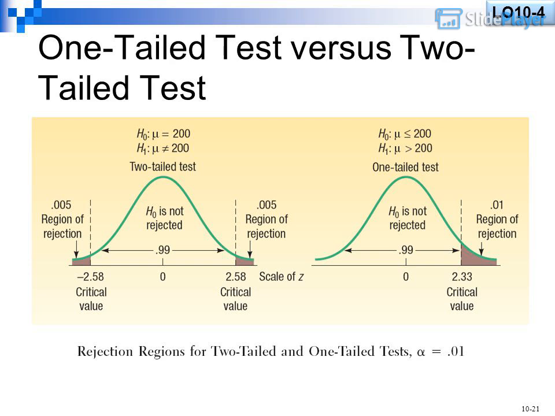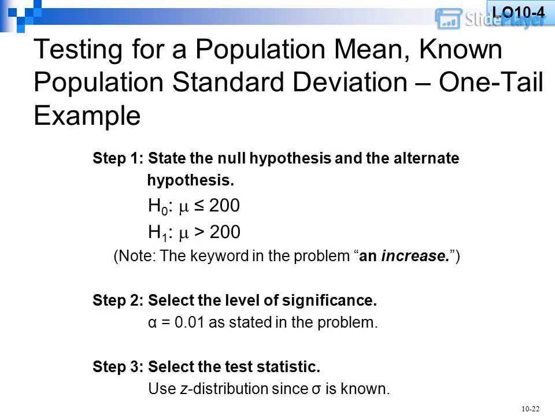One-tailed test versus two-tailed test. Testing for a population mean, known population standard deviation, one-tail example. Step 1, state the null hypothesis and the alternate hypothesis. H0, less than or equal to 200.